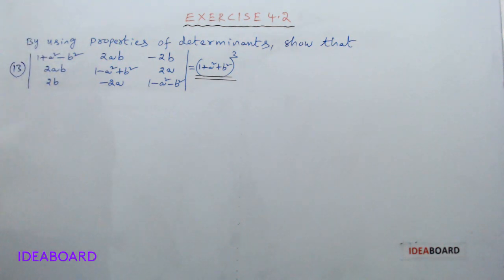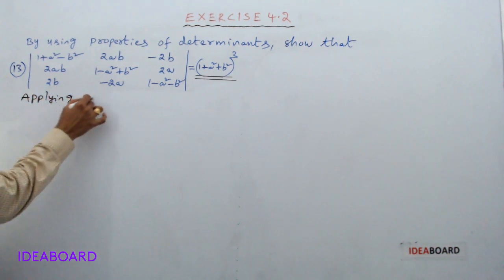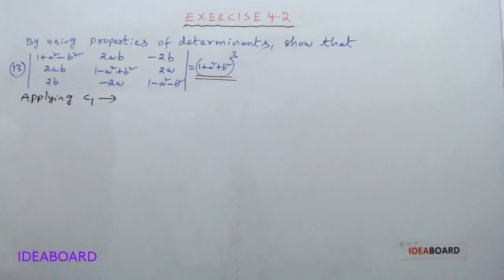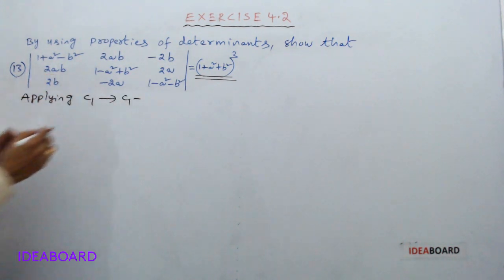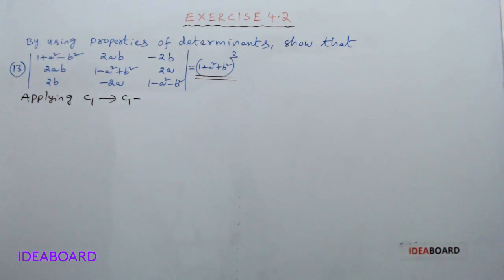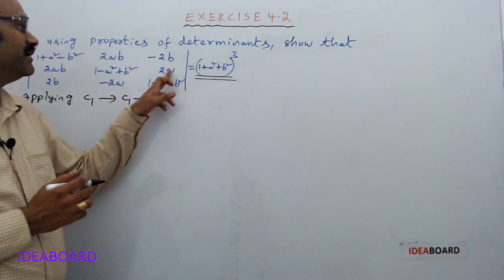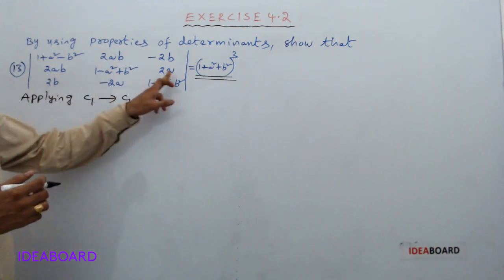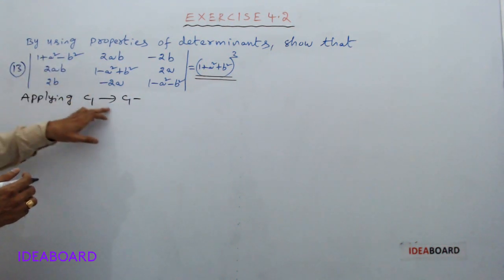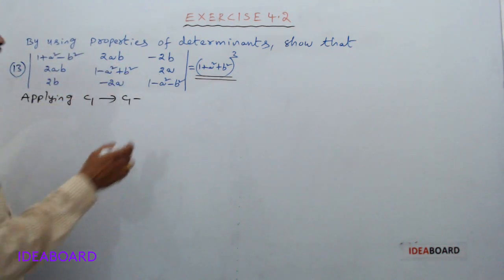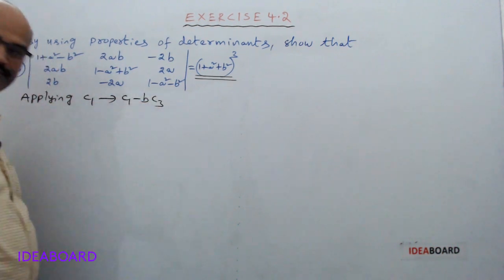We take it as applying C1 changes to C1 minus B into C3. 2AB minus 2AB becomes 0.